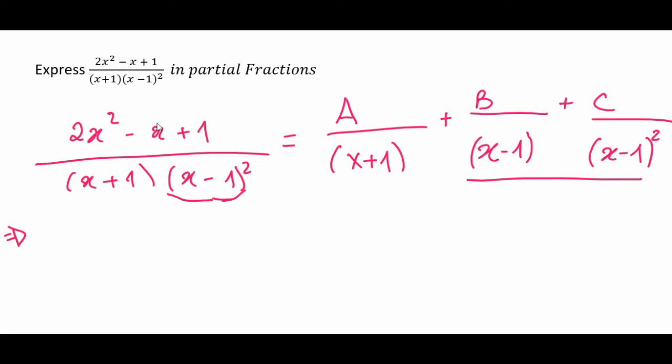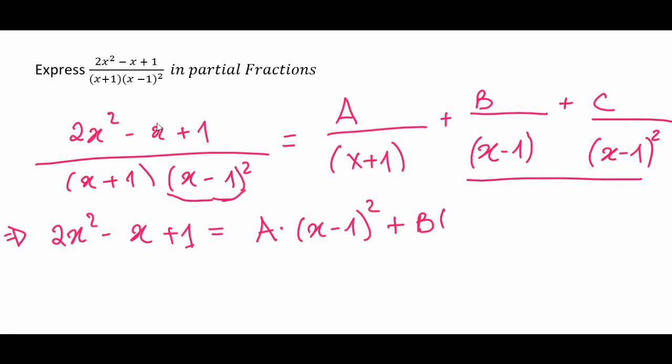Okay, now we multiply both sides of our equation by our denominator. By doing that, we obtain 2x² - x + 1 is equal to a times (x - 1)², plus b times (x + 1)(x - 1), plus c times (x + 1).